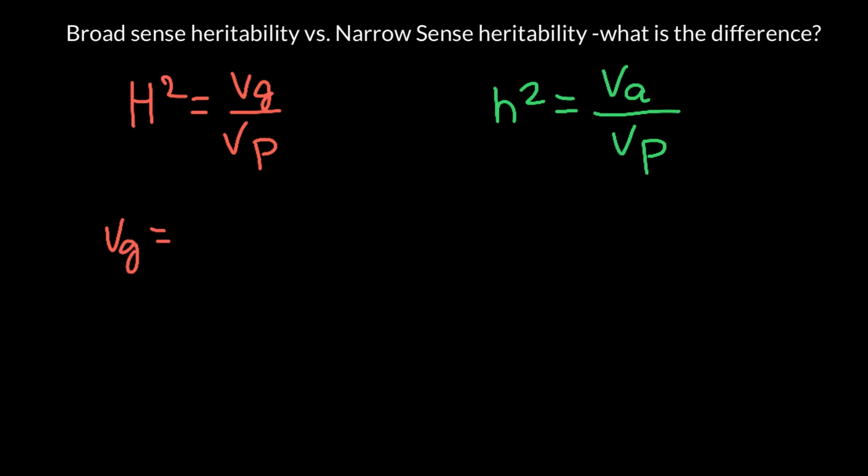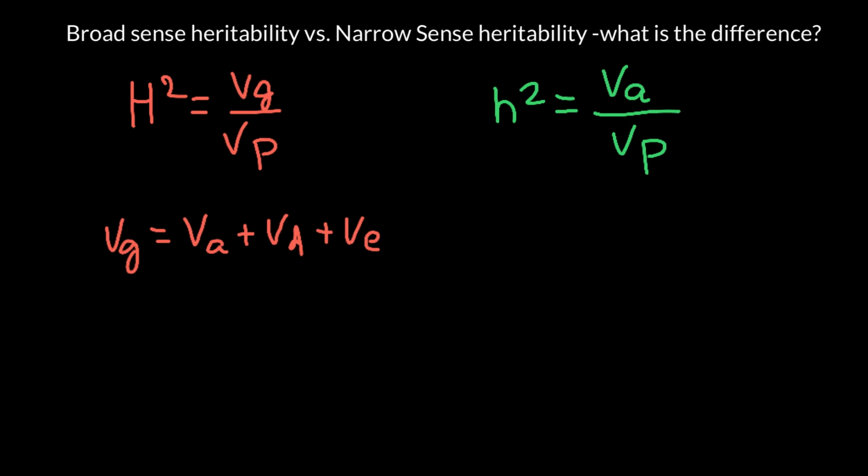The first one would be variance due to additive traits, plus variance that is going to be due to dominance, plus variance epistatic. So let's talk about each one.